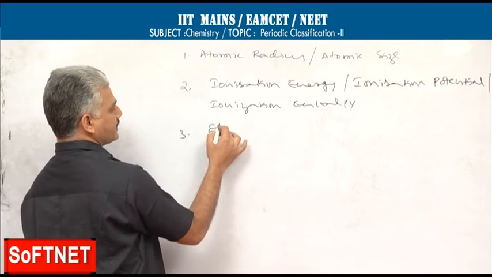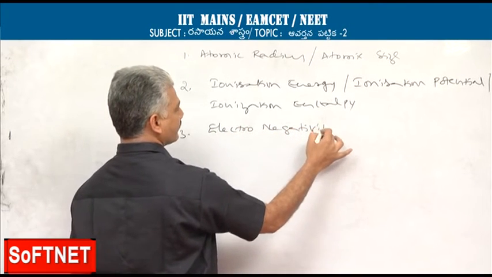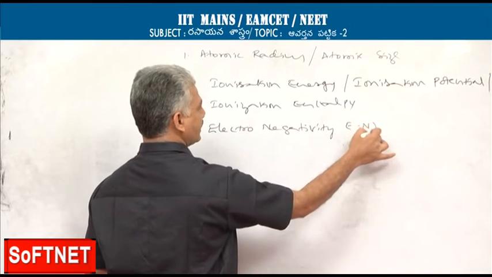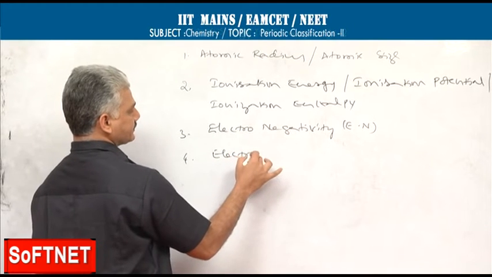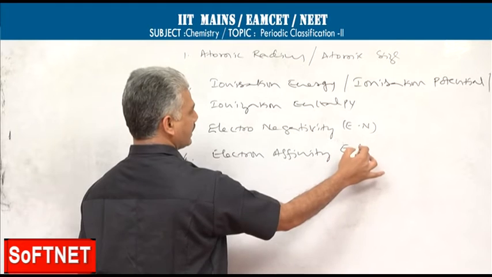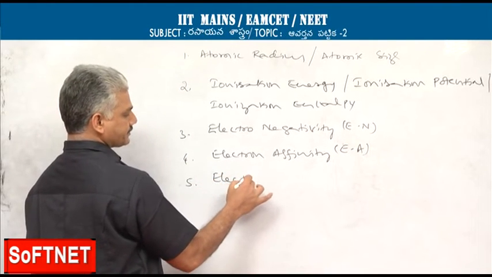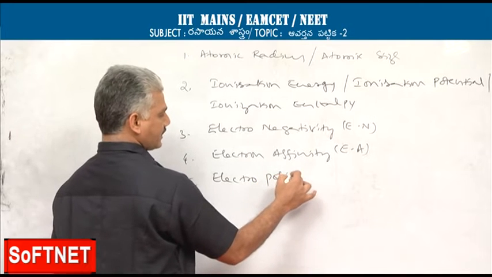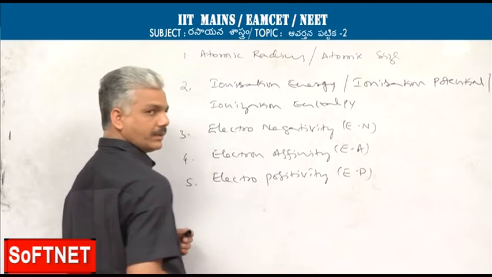Next property is electronegativity. In short, it is called EN. Electron affinity. In short, called EA. Electropositivity. In short, called EP.